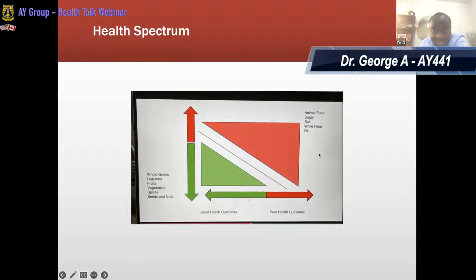But if you fall into the red, it might be too late for you. Those in the red have poor outcomes, like stage 3, stage 4 cancers. So you wouldn't want to be on the red side. You want to be on the green side.